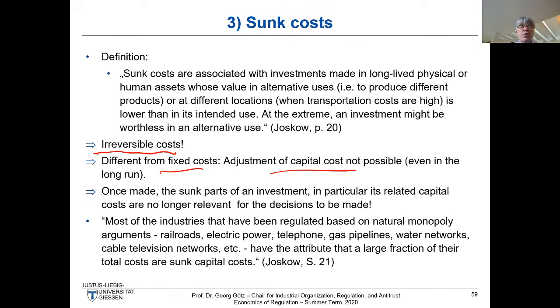The sunk parts of an investment, in particular its relevant capital costs, are no longer relevant for the decisions to be made. Think of the Eurotunnel. Even though the Eurotunnel operating company makes losses each year, if we look into what they would have to pay for the credits or for the capital they used to build the tunnel, as long as they manage to cover at least their operating costs and to get even a margin on that, it makes sense to operate this Eurotunnel.